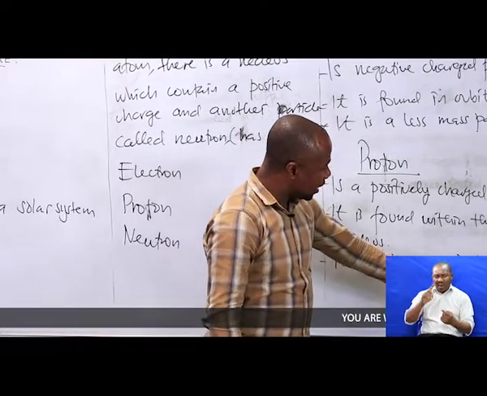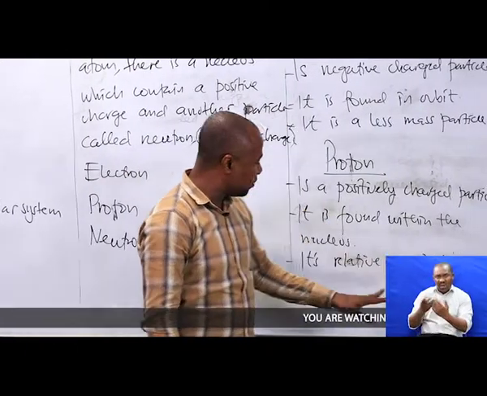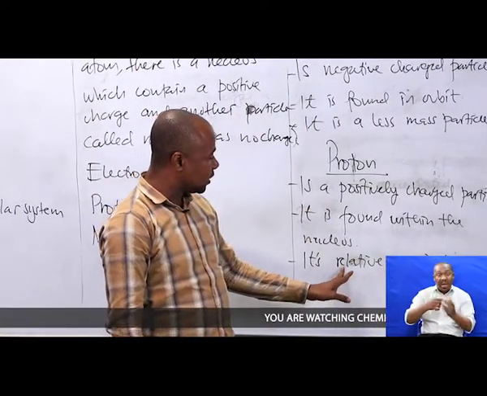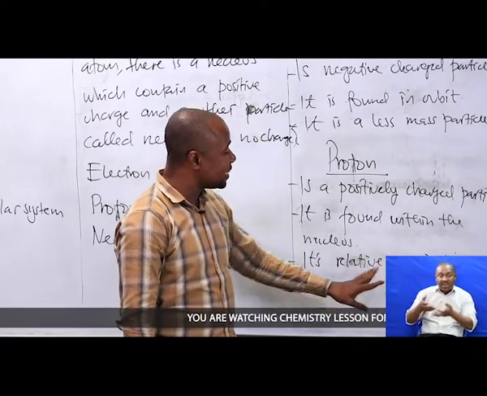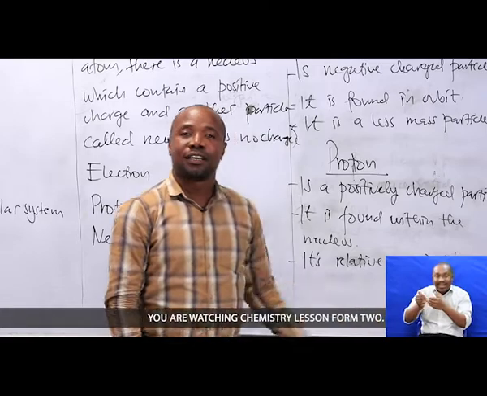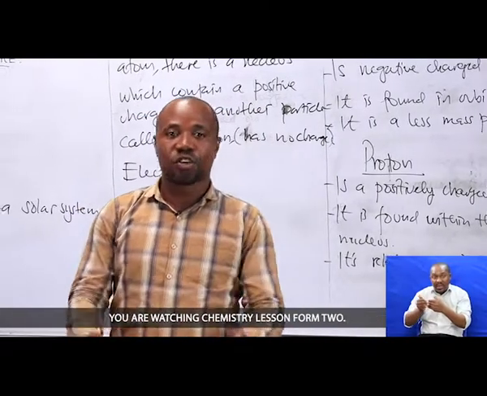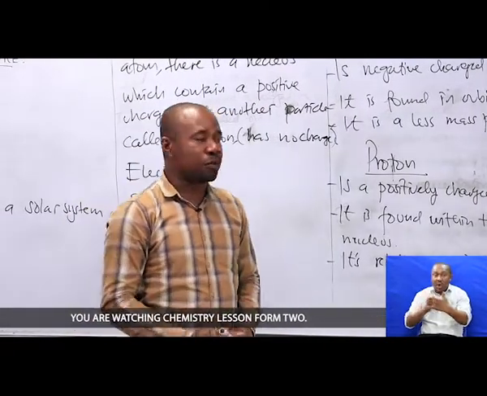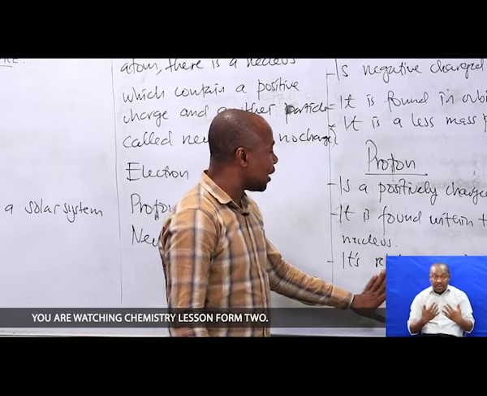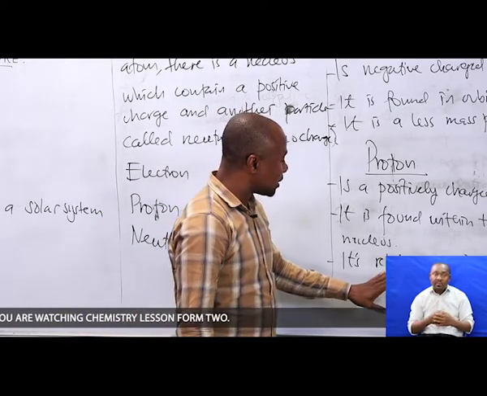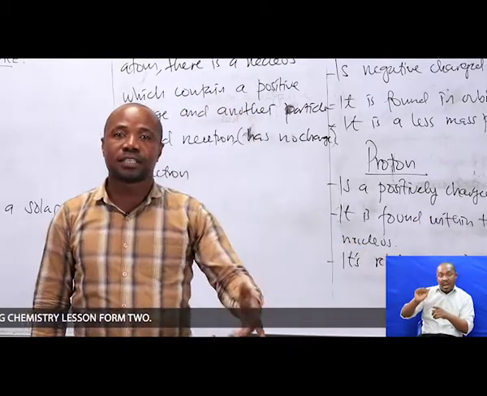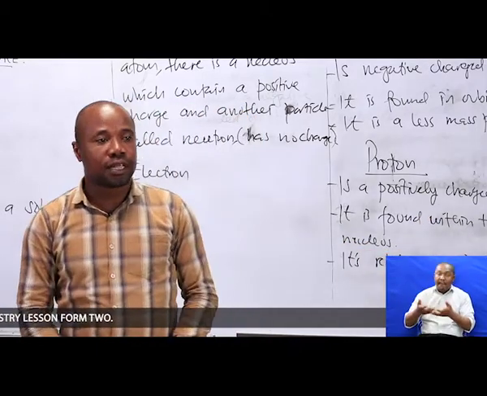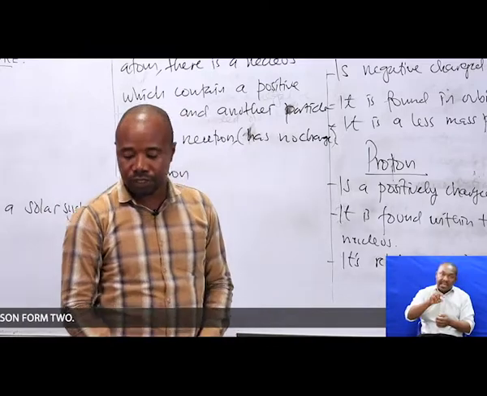Why is it 1 with no unit, even though we have said that it has a mass? Since it is a relative mass, relative has no unit. Keep in mind that the terms relative mass, relative density, relative volume have no unit.